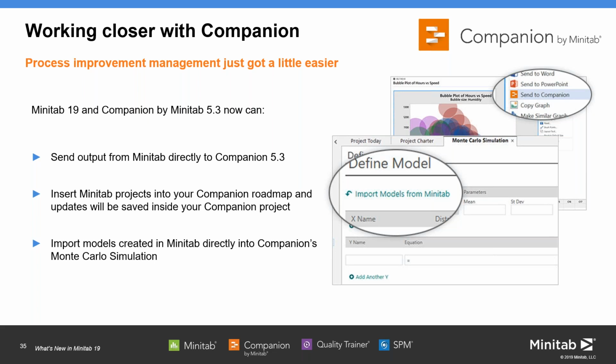It's a nice tool to keep people organized and working on projects, but also just a nice toolkit of different tools that you might need to complement your Minitab analysis. There's also a dashboard, which is basically for companies that are doing big operational excellence and continuous improvement initiatives, to create visibility in terms of how many different projects are out there and what your savings might be. We can certainly give you more information about that if you're interested.